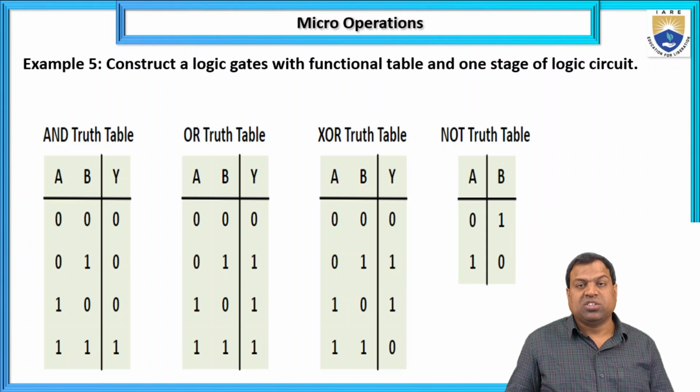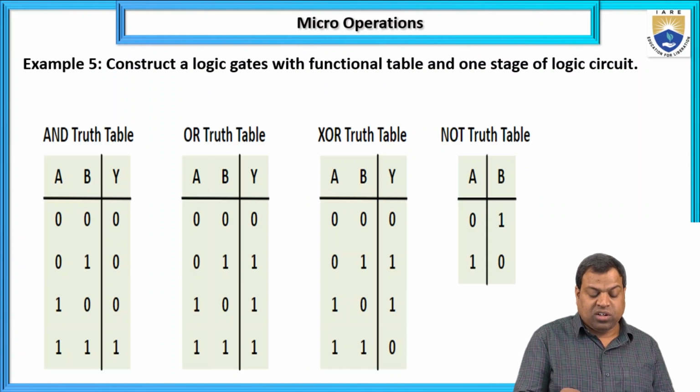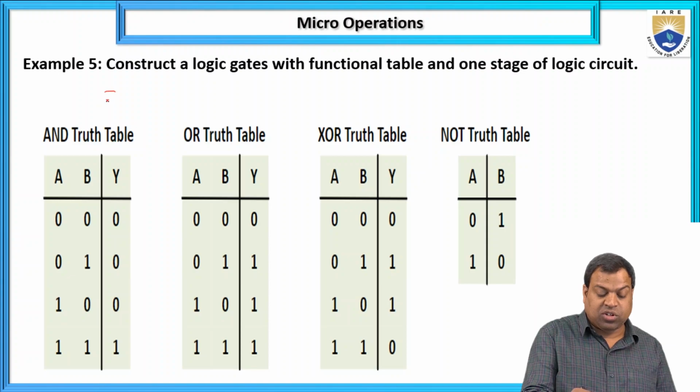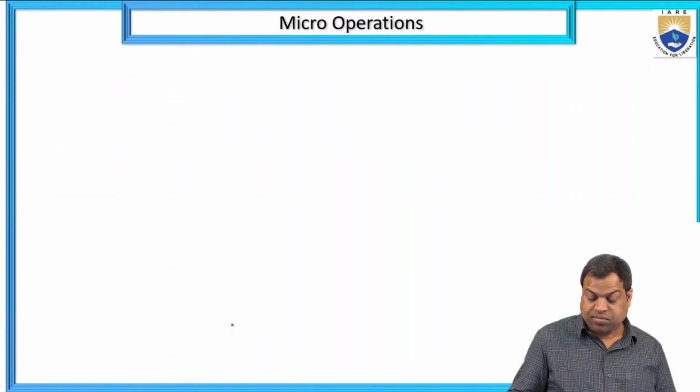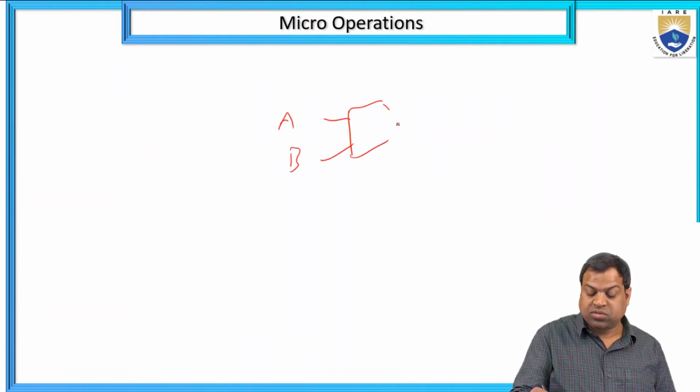Example: construct a logic gate with functional table and 1 stage of logic circuit. It is the AND truth table, or XOR, NOT. Already we know what AND is. If I take 0, 0, what is the output? 0. AND means A into B. Here I am giving A and B, the 2 inputs.